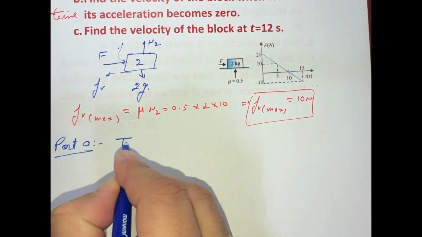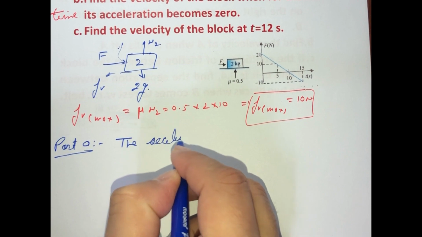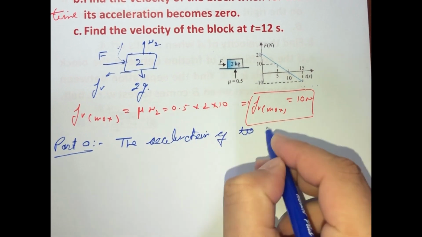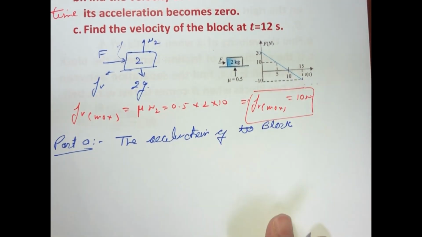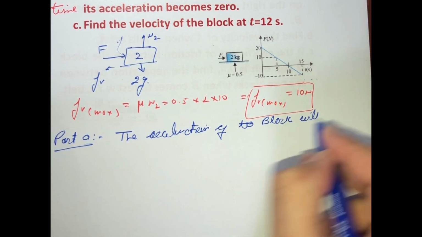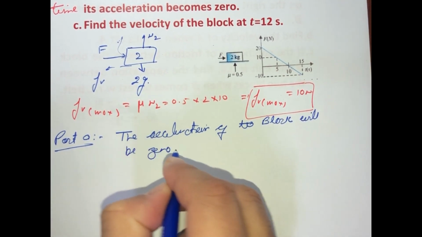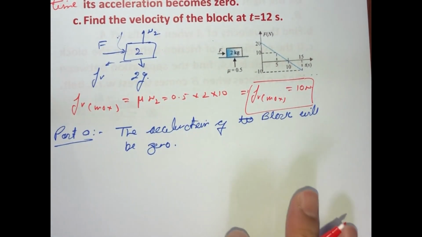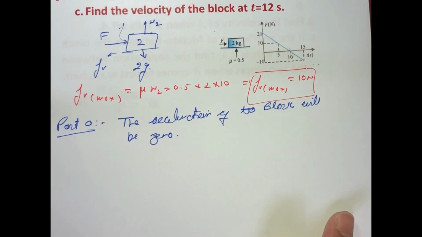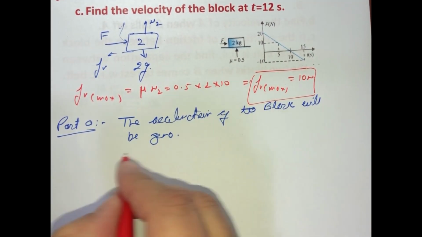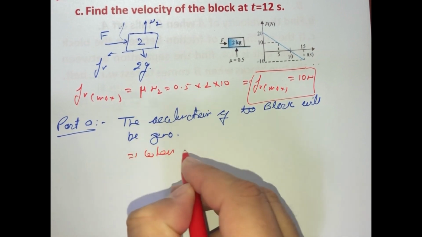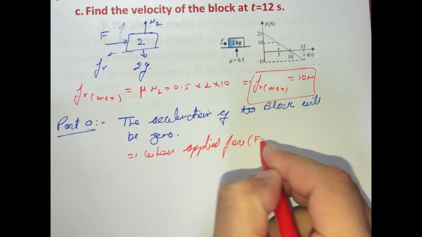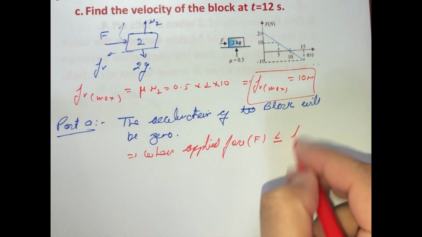So the acceleration of the block will be 0 when the applied force F is less than or equal to the maximum, or limiting, value of friction Fr max.